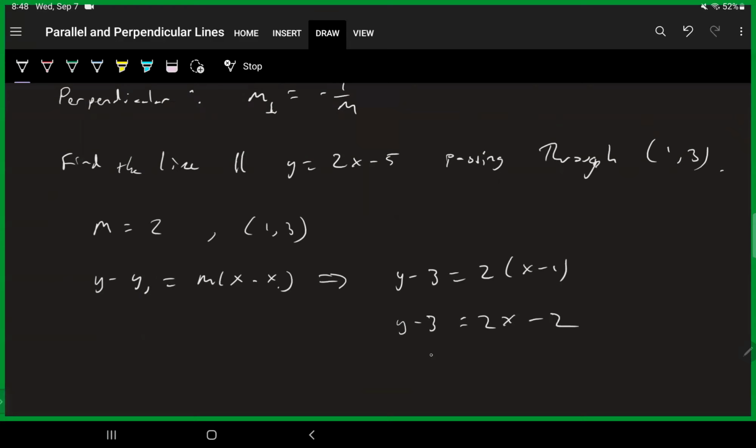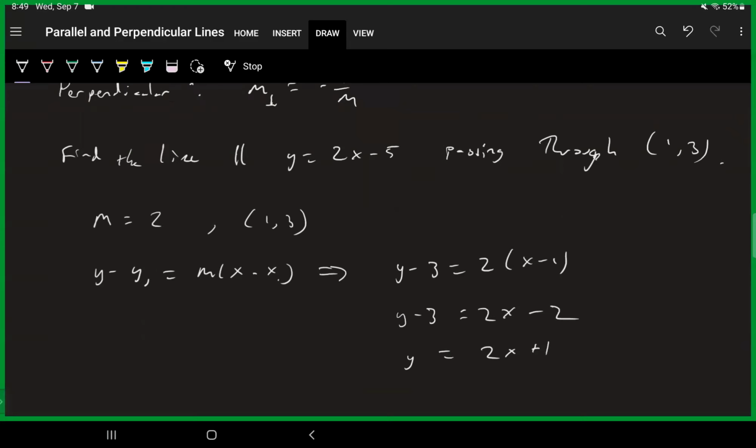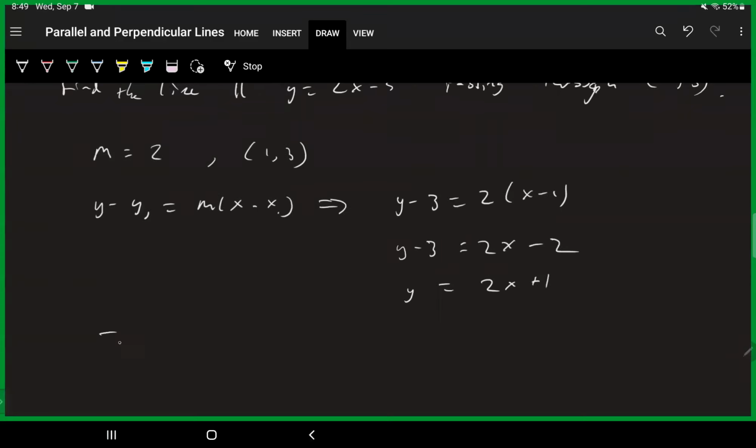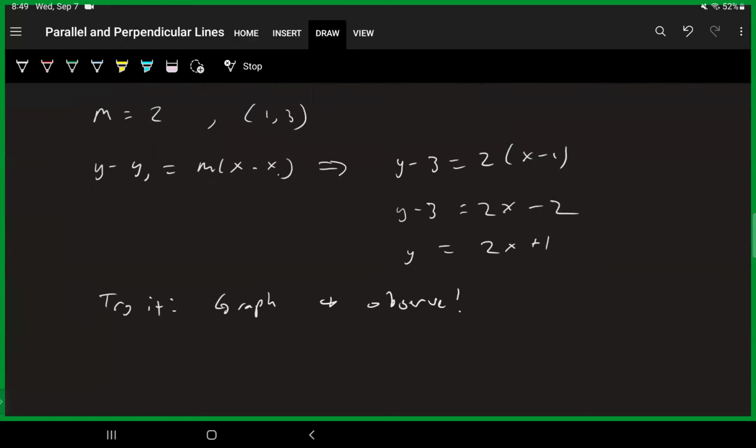If I add 3 to both sides, y equals 2x plus 1. And if you were to graph these, and I recommend you try it, you should graph the lines on your own paper and verify that they are indeed parallel, and they will be. You can also use Desmos or a graphing calculator.